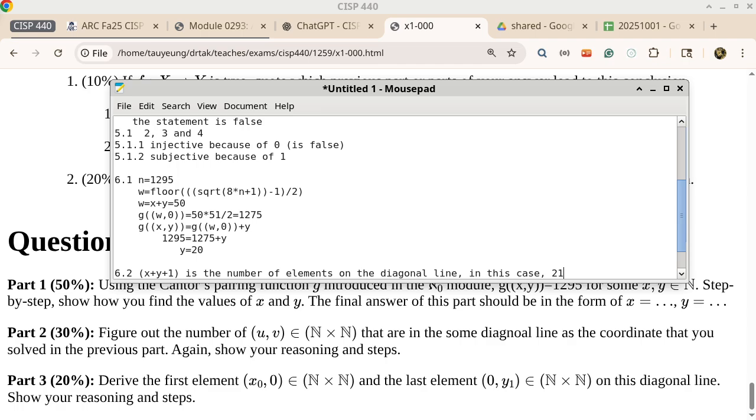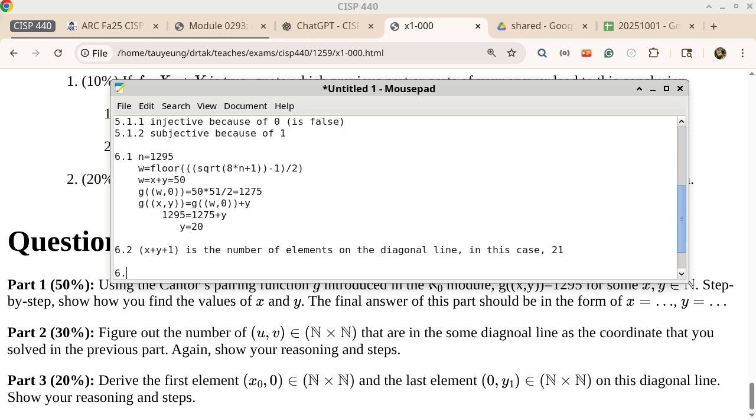Which coordinate has 0? It'll be (0, 0), right? So how many cells do we have on that particular diagonal line? 1. So that's how we can tell that there's a plus 1 in the whole thing. If you miss the plus 1, you're not going to miss a lot of points, okay? Because you get the gist of it.